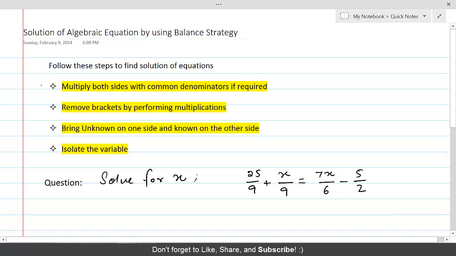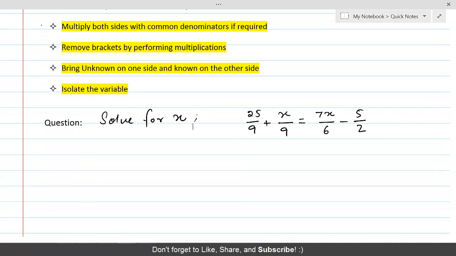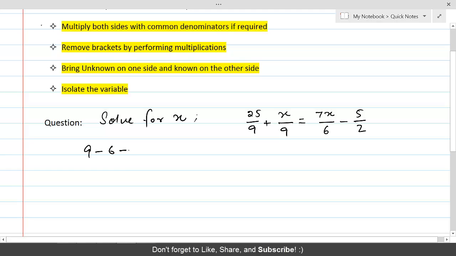So what are the numbers in the denominator? 9, 6 and 2. Let's first find out LCM for 9, 6 and 2. And the approach we take to find LCM is we do small division, and for small division we write down first few prime numbers 2, 3, 5, 7 and so on, and let's see if any of these numbers would be divisible by 2.